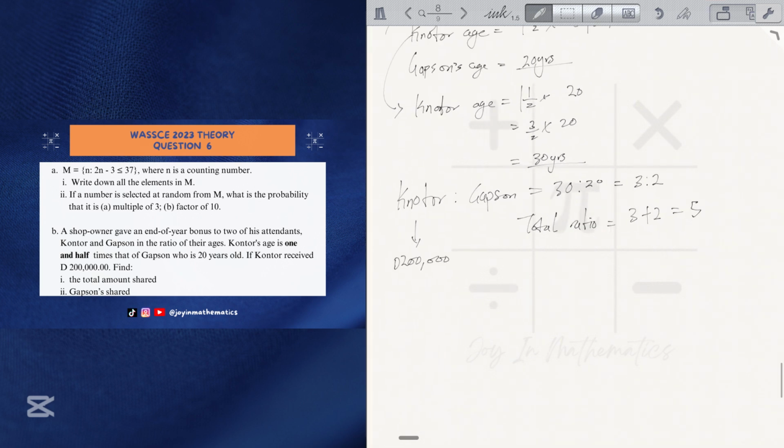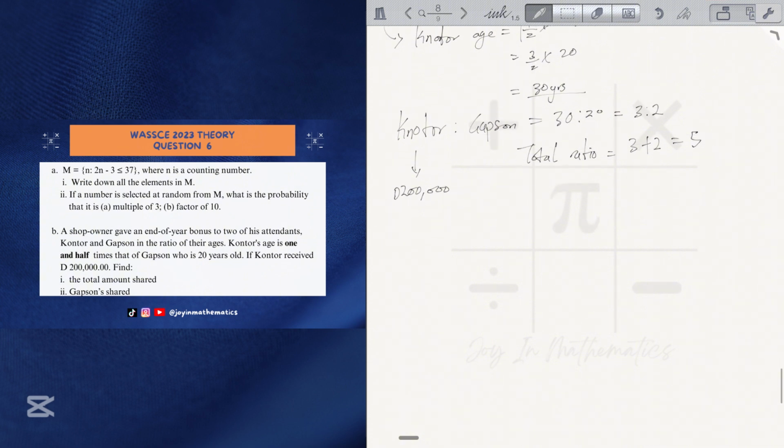So in essence, we are saying that Nontour's share is equal to the ratio of Nontour, let's say RN, divided by the total ratio, RT, multiplied by the total share, the total amount being shared.